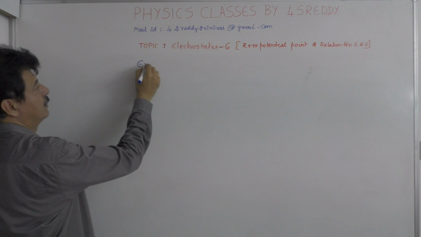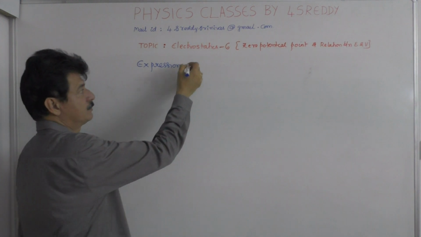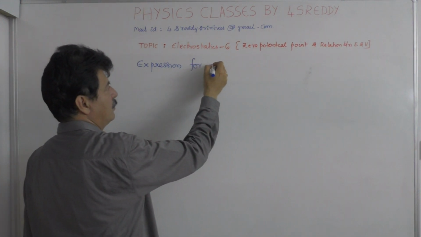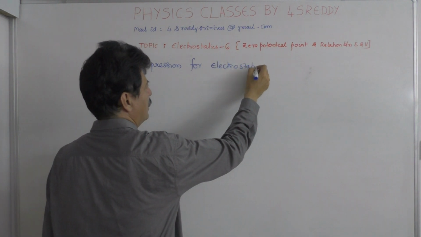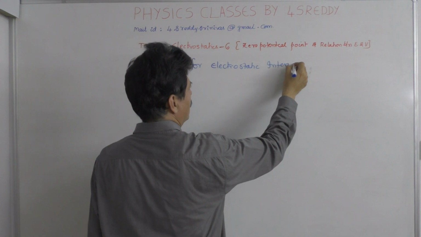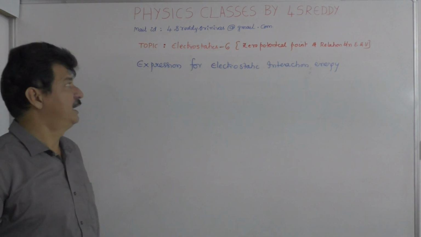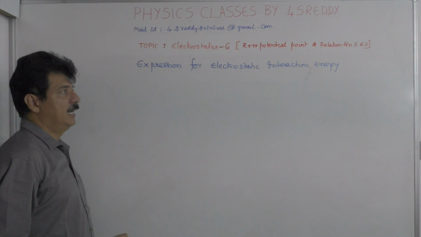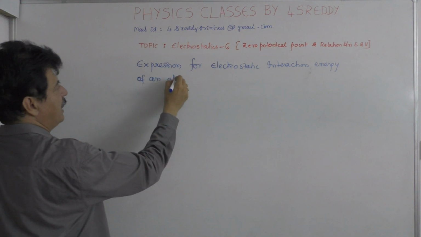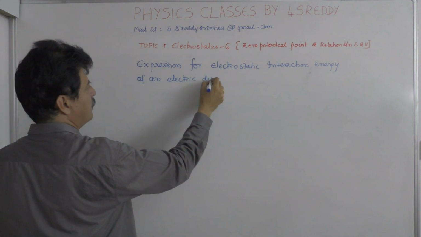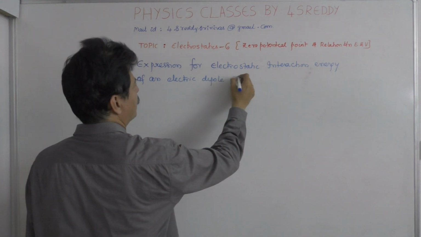That is, the expression for electrostatic potential. Electrostatic interaction energy of an electric dipole in a uniform electric field.